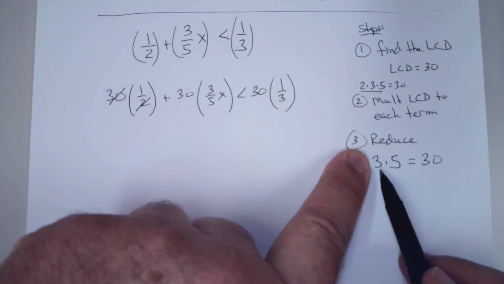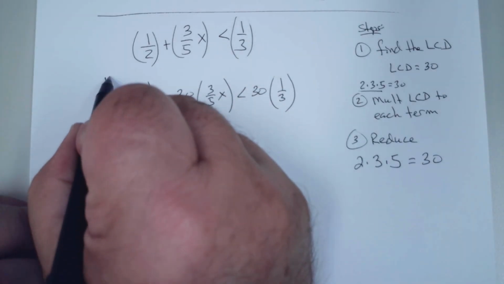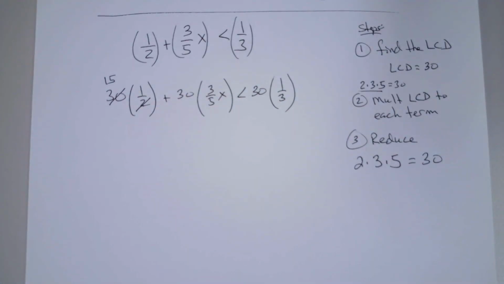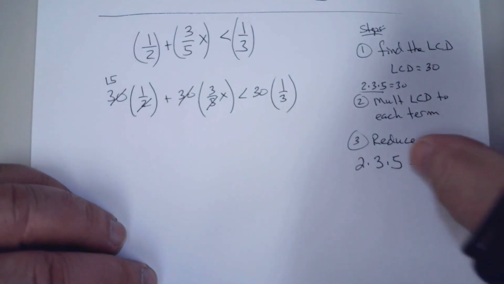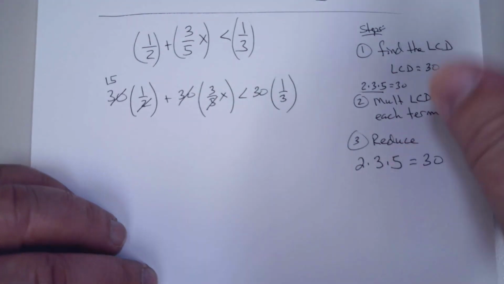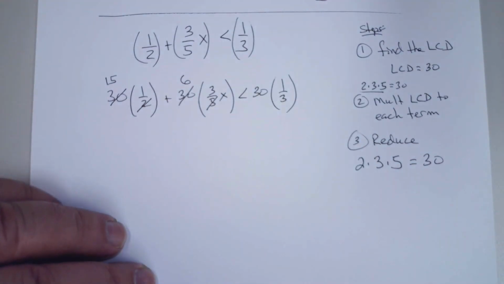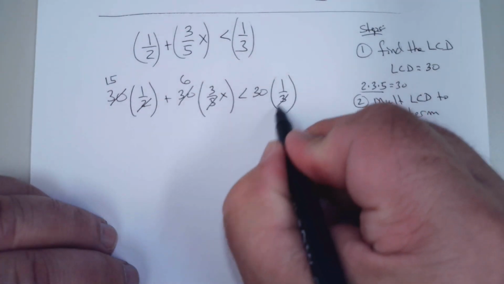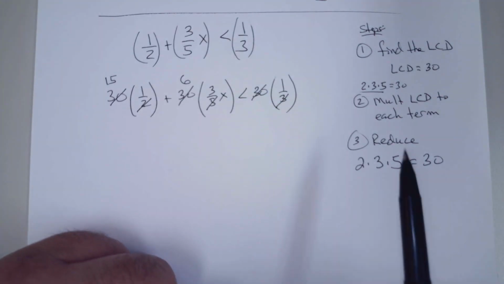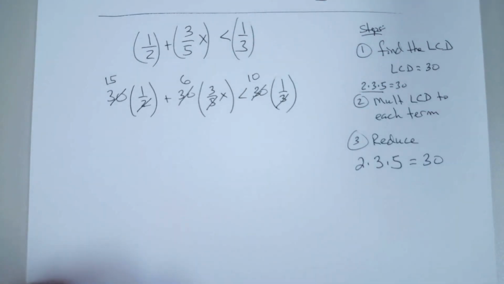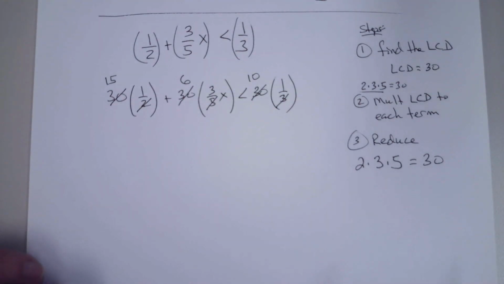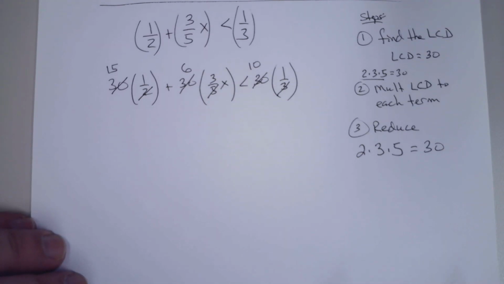Well, get rid of the 2. 3 times 5 is 15. How many times does 5 go into 30? Well, block the 5. 2 times 3 is 6. How many times does 3 go into 30? Well, block off the 3. 5 times 2 is 10. That's the easiest way. That's why you make sure you keep track of how you find the LCD.